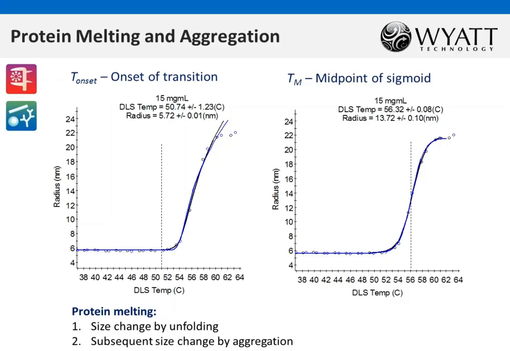Alternatively, if a stable final or even intermediate aggregation state can be reached, the transition temperature may be determined in terms of the midpoint of the transition, as shown in the graph to the right. When using the DLS plate reader, multiple formulations may be readily screened for their melting temperatures in a single thermal scan.